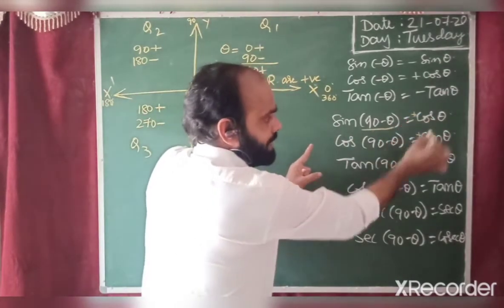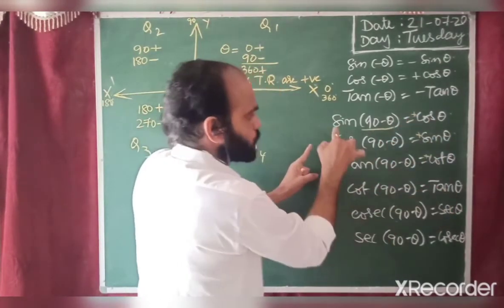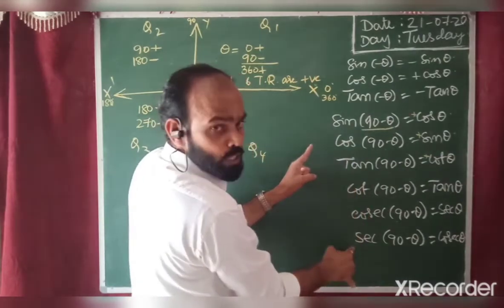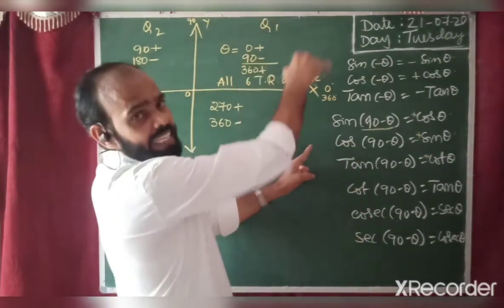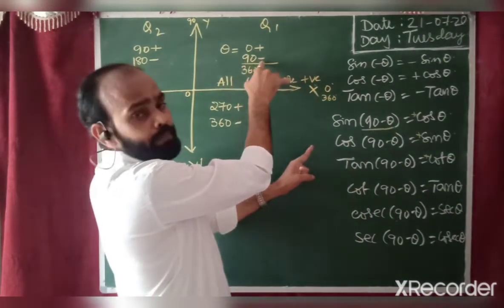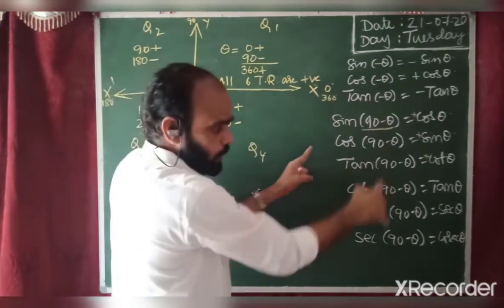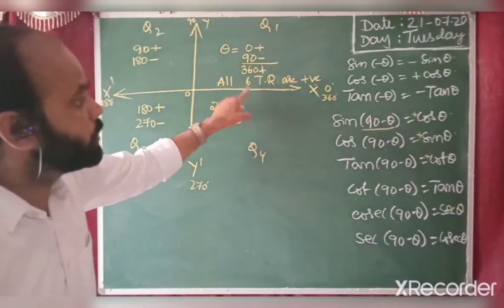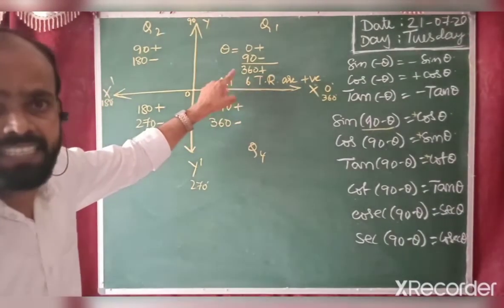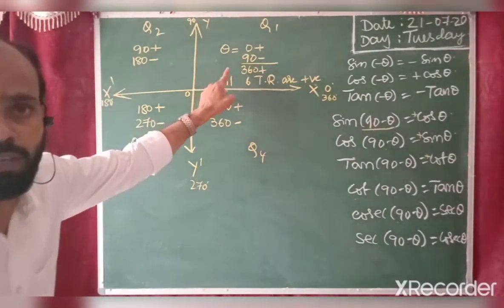Look at this sign. This is plus, this is plus. So all the 6 trigonometric ratios in the first quadrant, where the angle is 90 minus theta or 0 plus or 360 plus, are positive. This is the first point we need to make a note of.